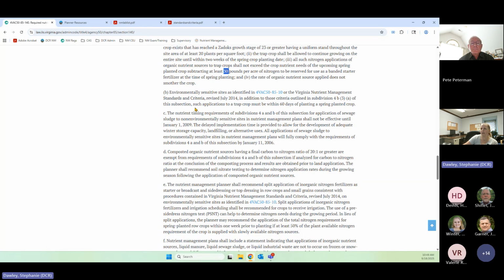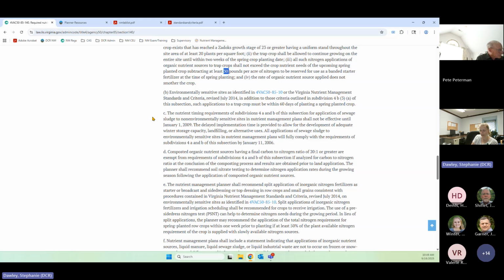The next section is environmentally sensitive sites as identified in the standards and criteria. You can only get a trap crop application 60 days before planting. And I know this is where it gets really complicated regarding that 30, 60, 90, which were great questions to ask for the exam.